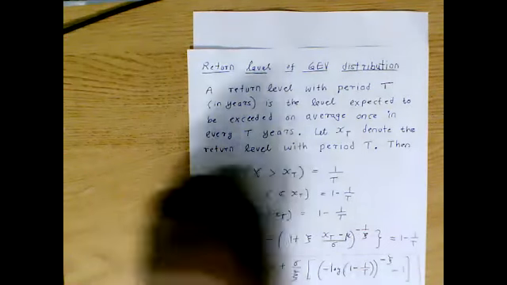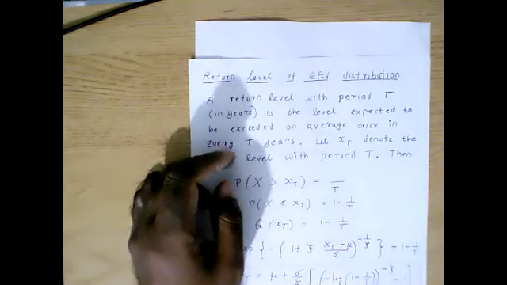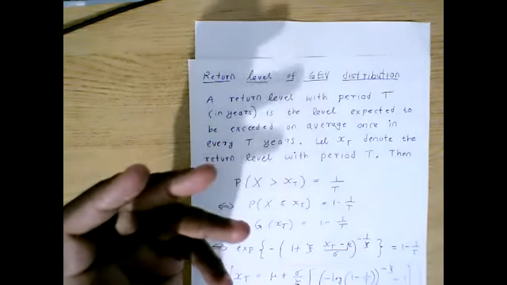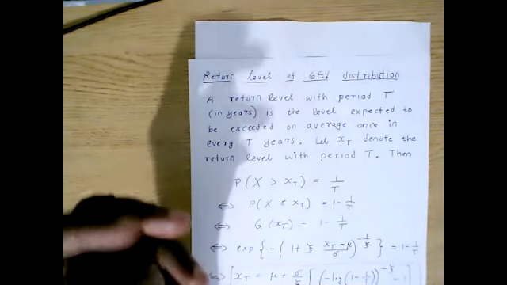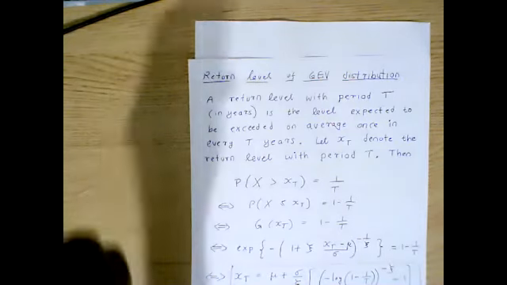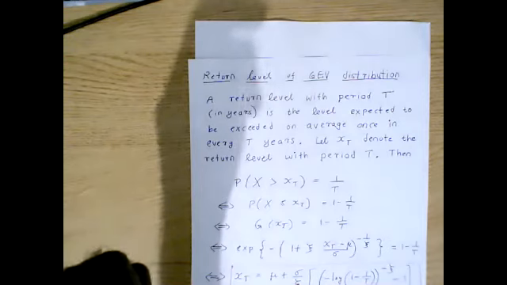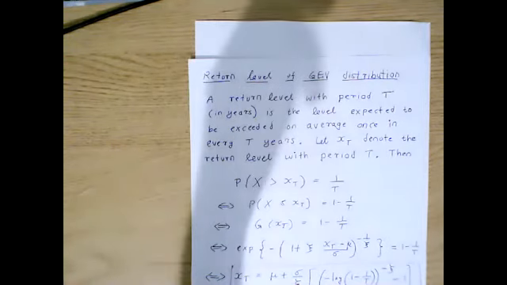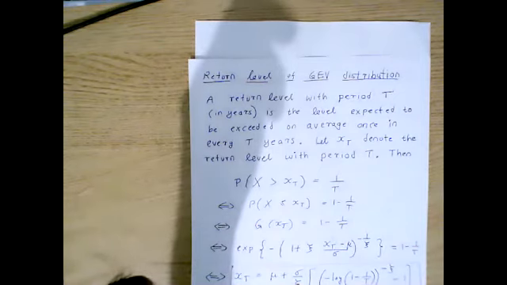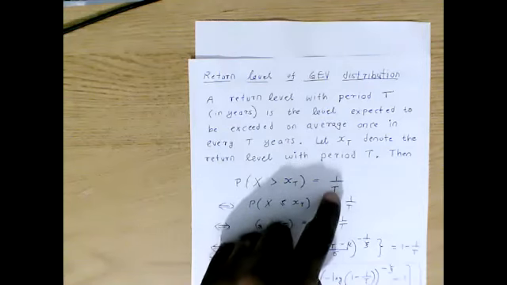By definition, it's the level that is exceeded once in every capital T years. But for the GEV distribution, there's only one data point in every year. So out of capital T years, there will be capital T data points. So the probability that x is greater than little x_T will be 1 over T.